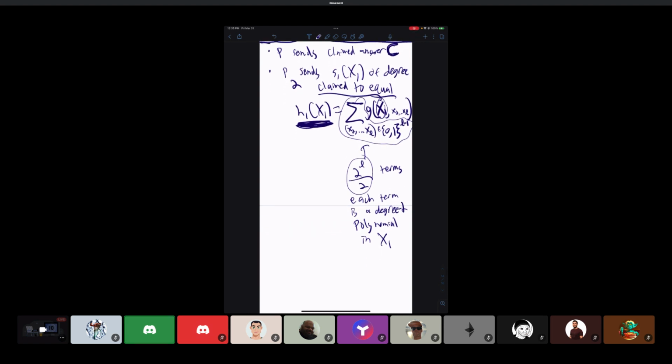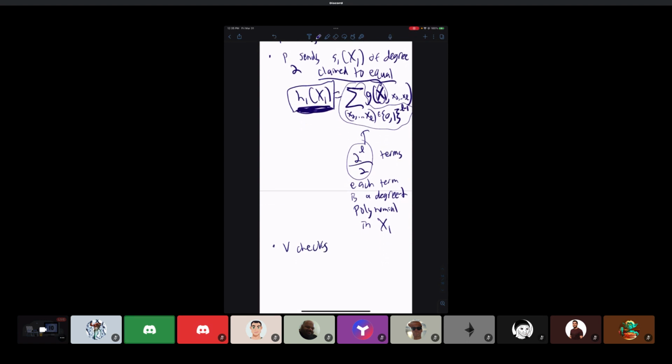Now, we defined this polynomial H1 explicitly so that the following holds. If the prover is honest and S1 equals H1, then the true answer will be simply S1 of 0 plus S1 of 1. Right?